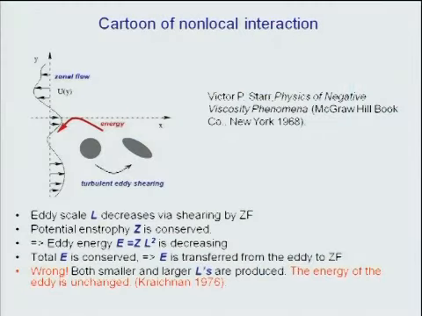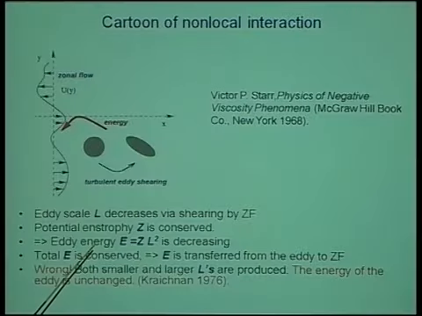But this is wrong. This is wrong because, as was shown by Kirchhoff in 76, if you consider a round eddy with a uniform patch of vorticity embedded in a constant linear shear, you can find precisely the analytical solution for this problem, and you can find that the energy in fact remains unchanged.